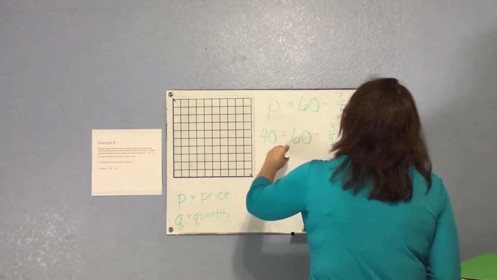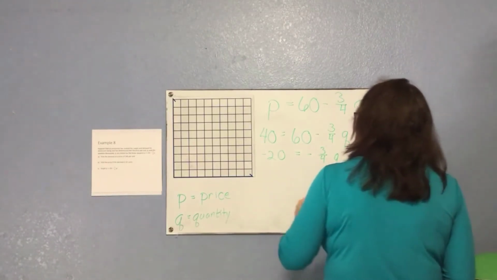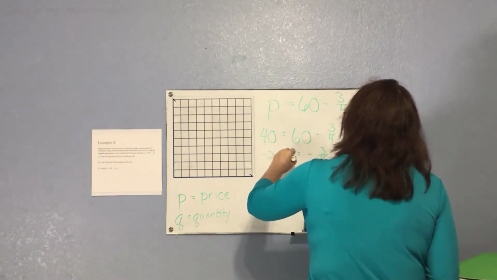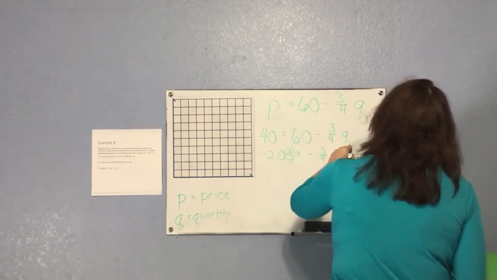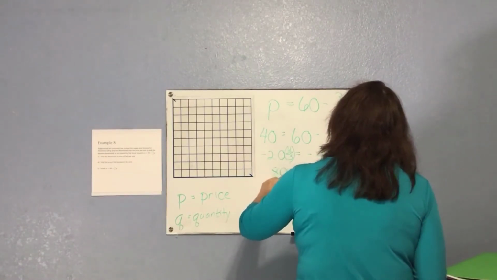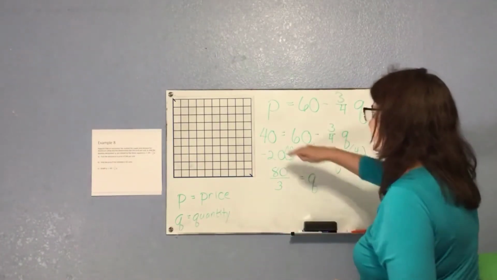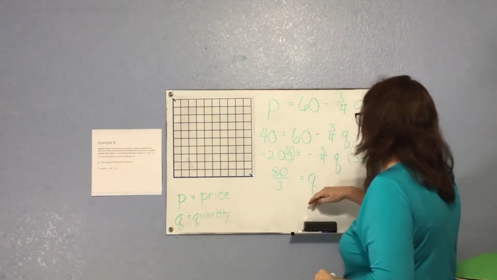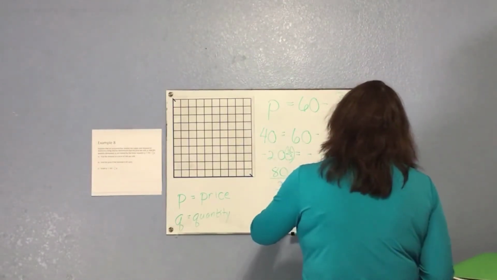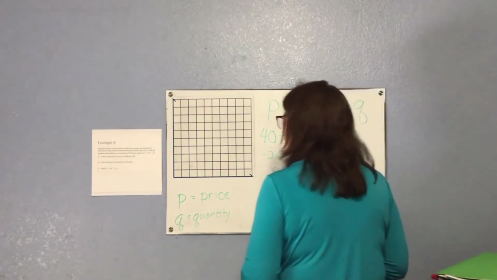We get negative 20 equals negative 3/4 Q, and when I multiply both sides by negative 4/3 so we get rid of all of our negatives, this is now going to be 80/3 is equal to Q. So if the price is $40, the quantity demanded would be 80/3, which is approximately 27. Okay, just a little under 27.